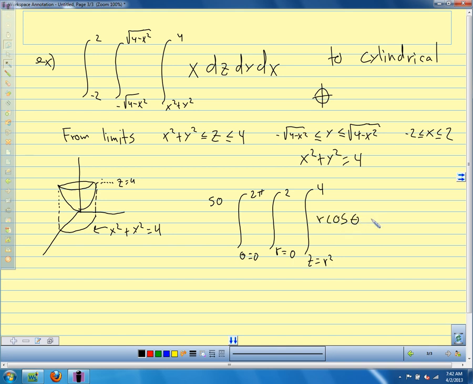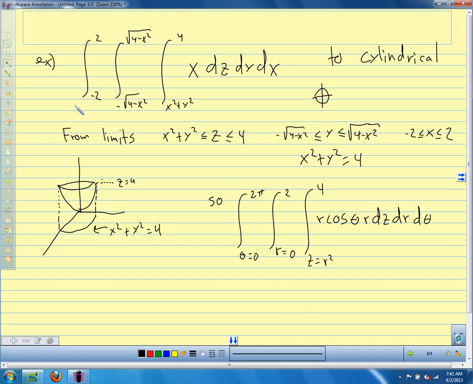And then we have r dz dr d theta. So we have the integral of r squared cosine theta dz dr d theta. Not a difficult integral to evaluate, but let's take a step back and be smart about it. And before we do that, anybody have a question about how we set this up?